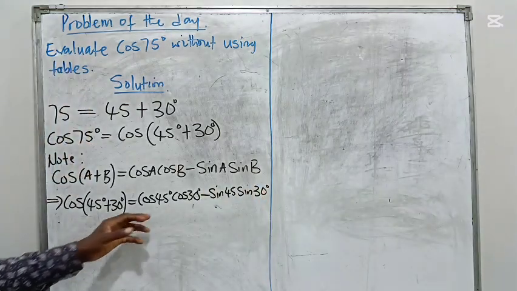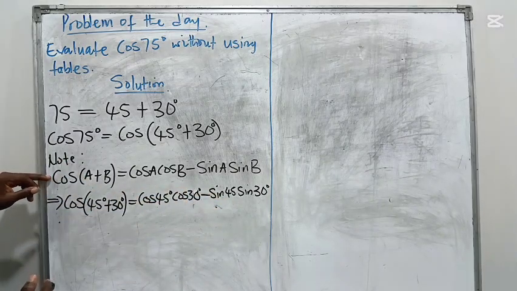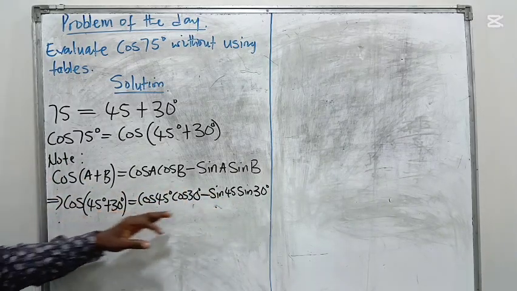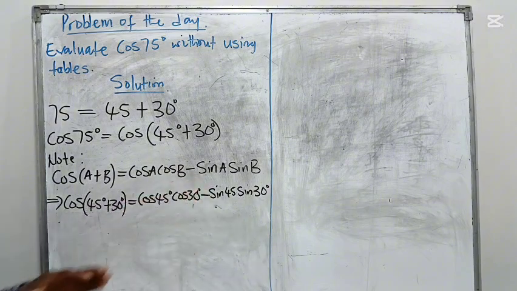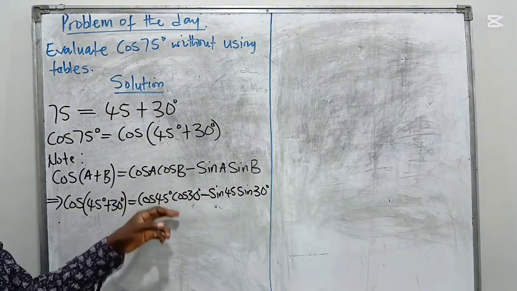Now that we have written this in this form, if you look at the one up here and the one down here, they are in the same manner. They are similar.